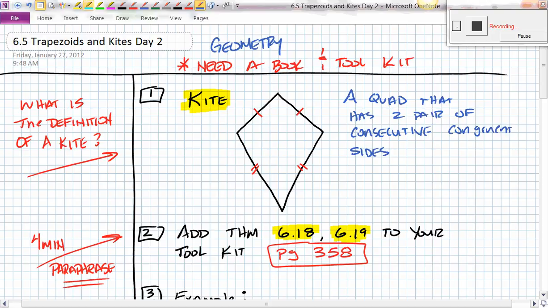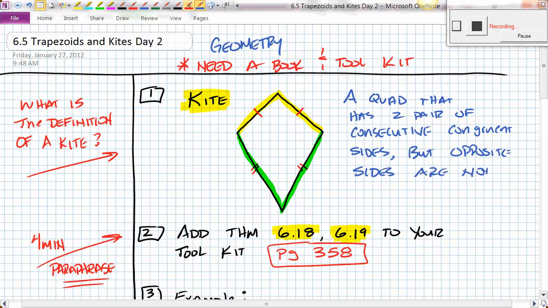What they mean by that is, this side and this side are consecutive and congruent, and this side and this side are also congruent, but there's something else we have to add to that, right? But opposite sides are not.